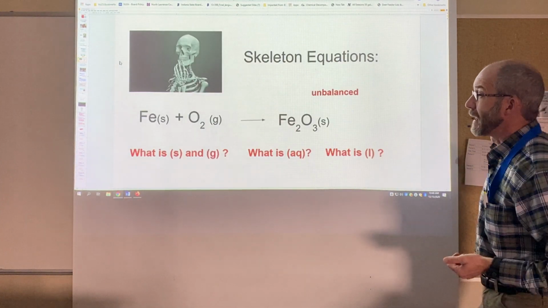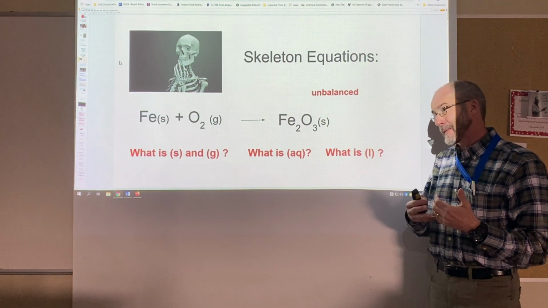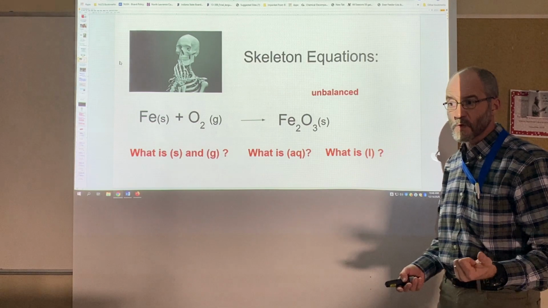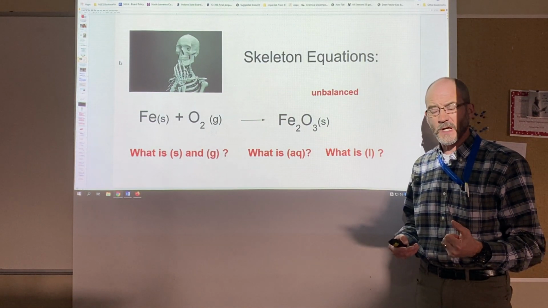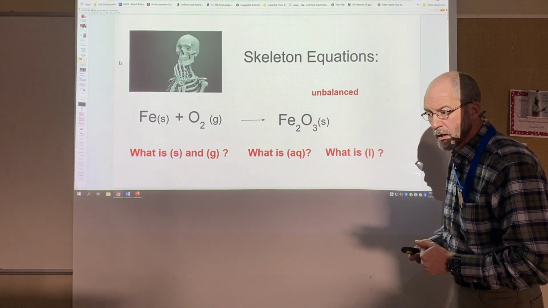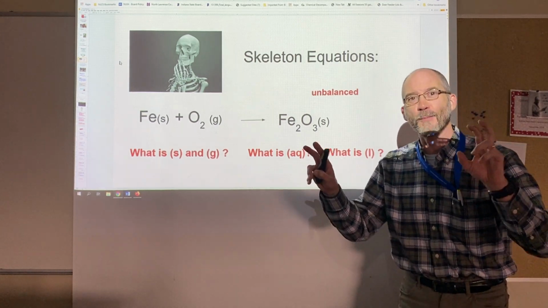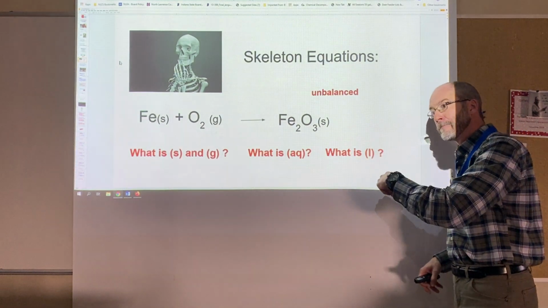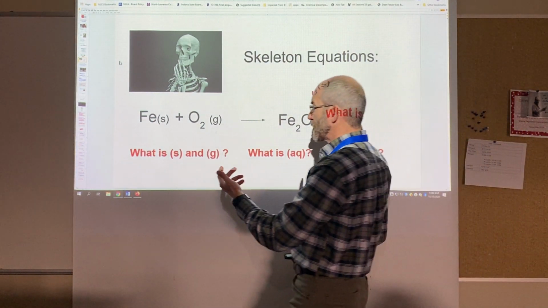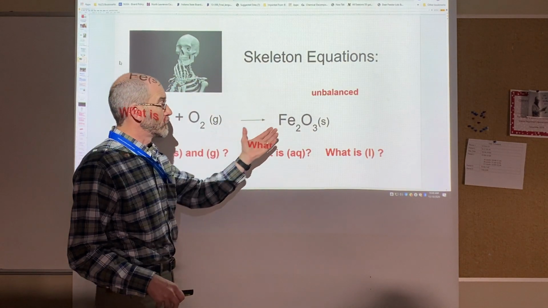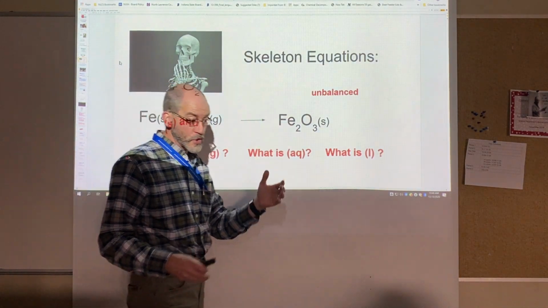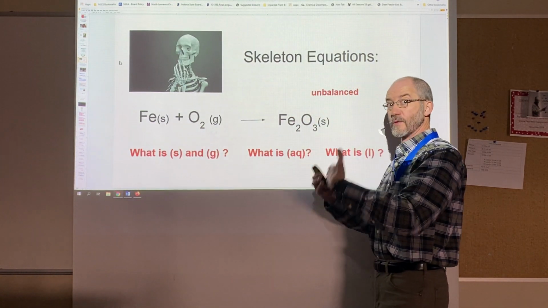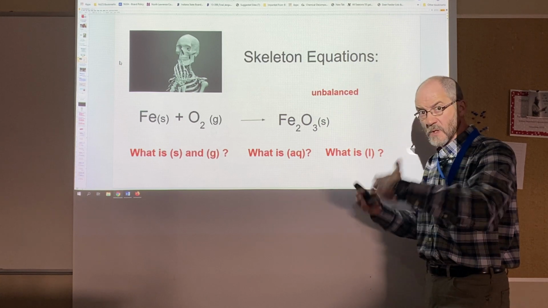All right? Now, sometimes, probably not a lot once we get going, but every once in a while you just see something that is called a skeleton equation. Well, come on, you've heard the expression bare bones. All right, so what's the good thing and what's the problem? Well, the good thing is we have some Fe2O3 here, which is our product, and we know that it took Fe and O in order to make that, so we have an idea of what's involved.